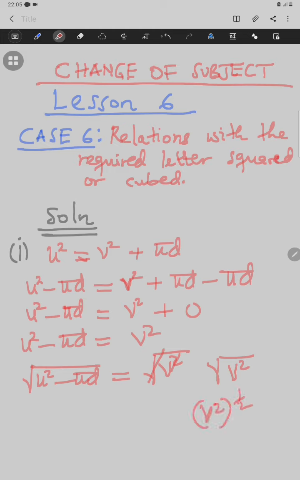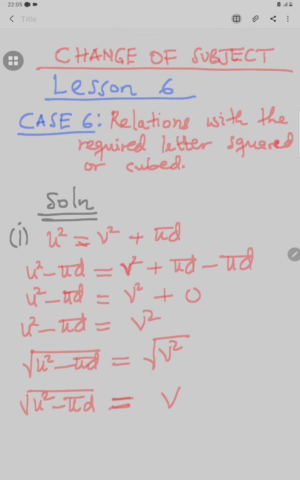So it will go. If I take the square root, it will be left with V equals the square root of U squared minus pi d. Good. So that answers the first part.